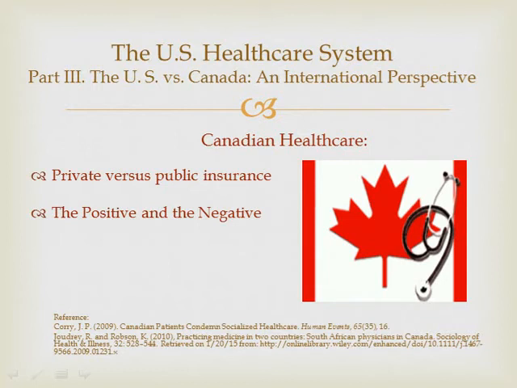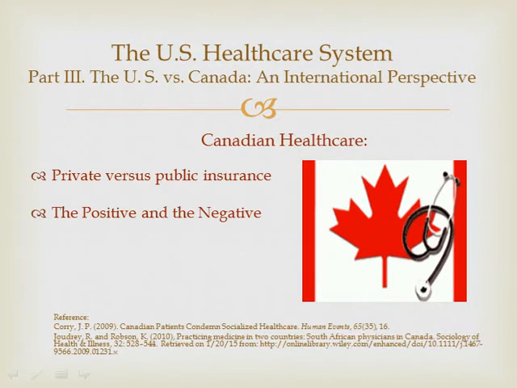Another positive is that all citizens or patients have a choice of primary care doctors, hospitals, and clinics in their province or territory. So the federal government pays the physicians or hospitals, but the patients have a choice of doctors, hospitals, clinics, or dentists.